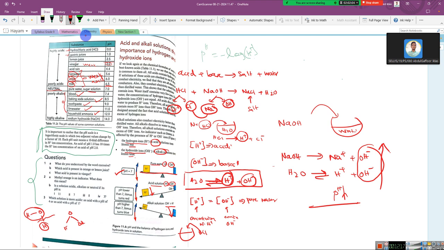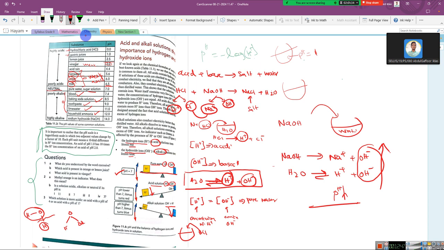Okay, so for example, let's say there is a solution, and pH is equal to, let's say, 1. pH is equal to 1. Now if you increase the H plus, what will happen? What will happen to the pH if we increase the amount of H plus?